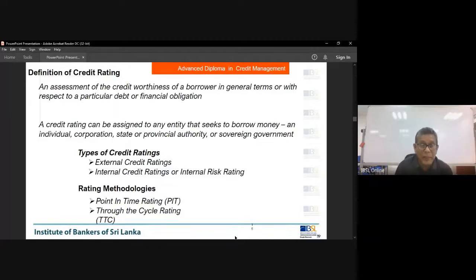As I explained to you, there are two types of credit rating: one we call the external credit rating, and we may also have an internal credit rating or internal risk rating.